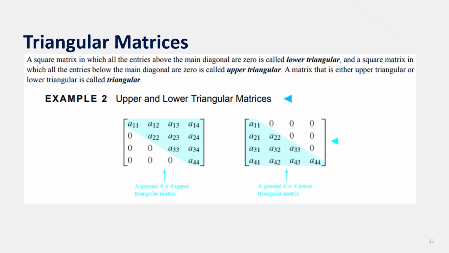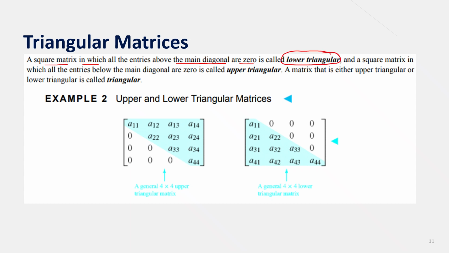Next we talk about another special matrix called a triangular matrix. A square matrix in which all of the entries above the main diagonal are zero is called lower triangular.